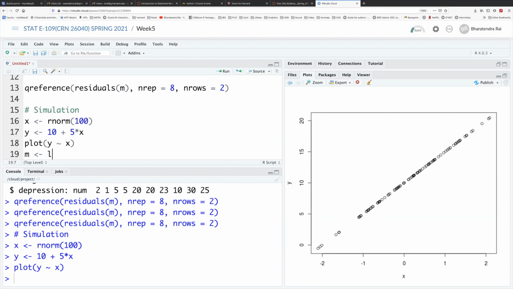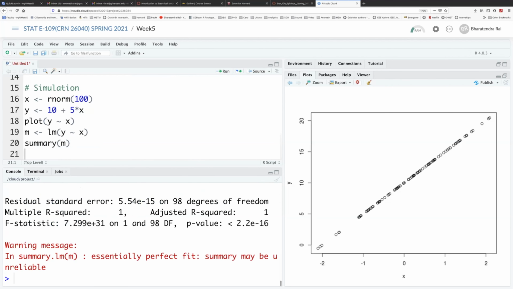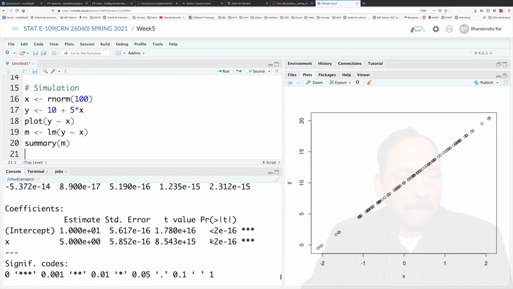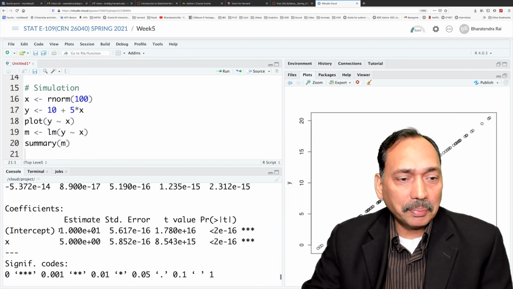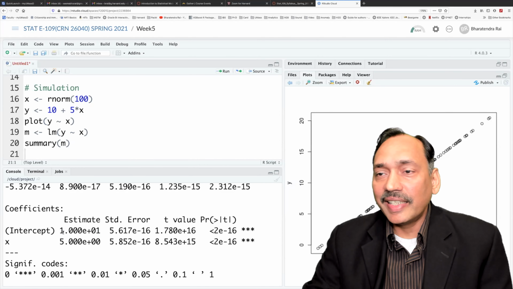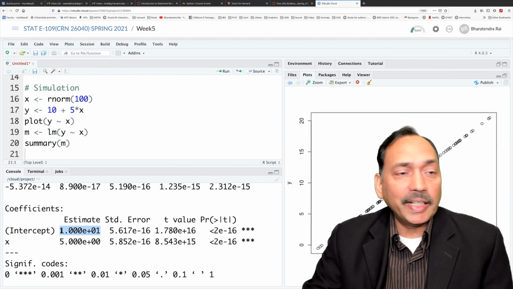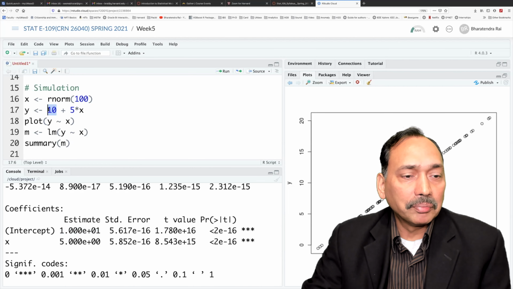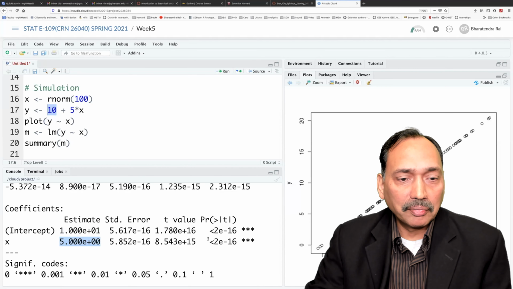If you fit the linear model, y as a function of x, and look at the summary, the intercept is 10, because 1.0 times 10 to the power of 1 is 10. Because there is no variability, the intercept is 10, and the slope is 5.